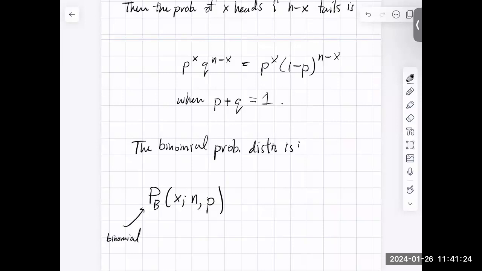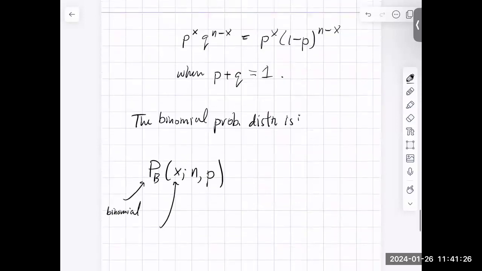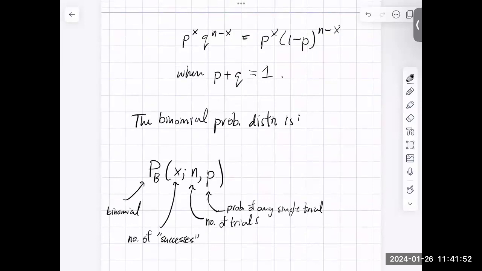So X is the number of successes, N is the number of trials, and p is the probability of any single trial being successful.